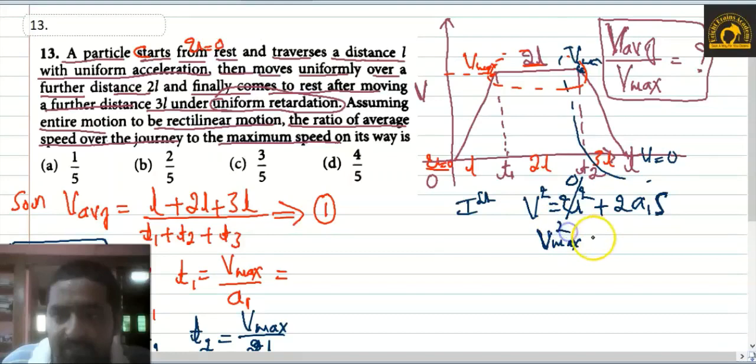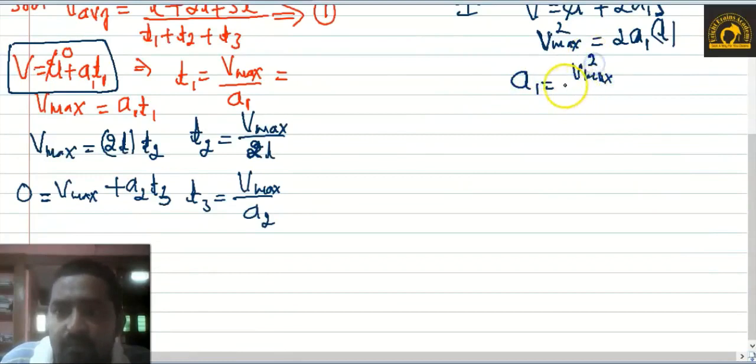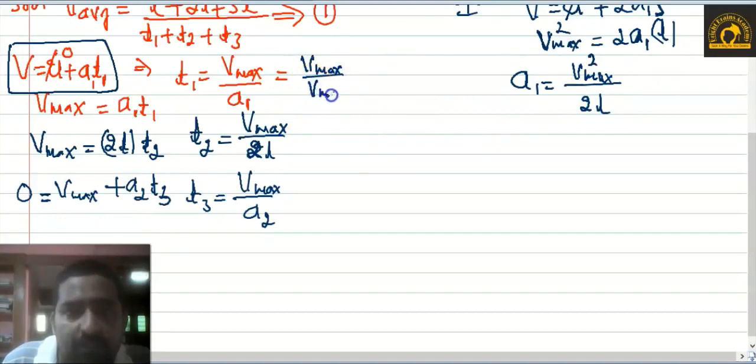So V maximum square is equal to 2 A1 into the distance L. Then A1 is equal to V maximum square divided by 2L. Now put the value: T1 is V maximum divided by A1, which is equal to 2L divided by V maximum.